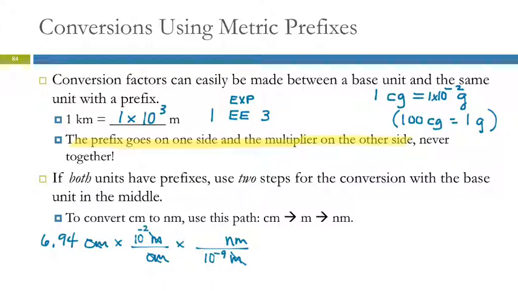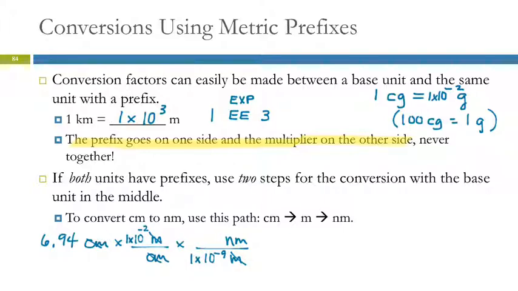So how do you do this in your calculator? Well, 10 to the minus 2 is the same as 1 times 10 to the minus 2. 10 to the minus 9 is the same as 1 times 10 to the minus 9. So you just enter them as scientific notation. I'm doing 6.94 times 1 EE.